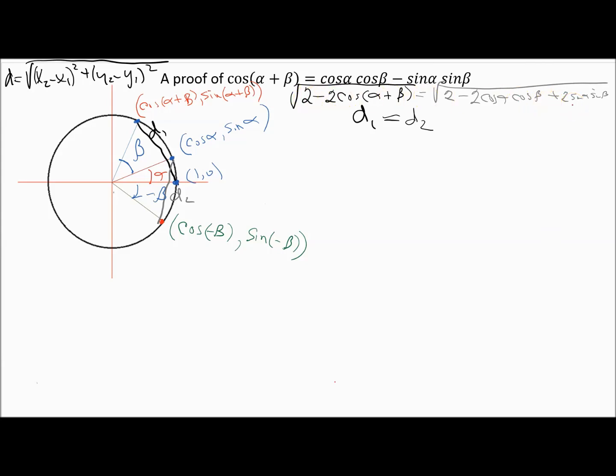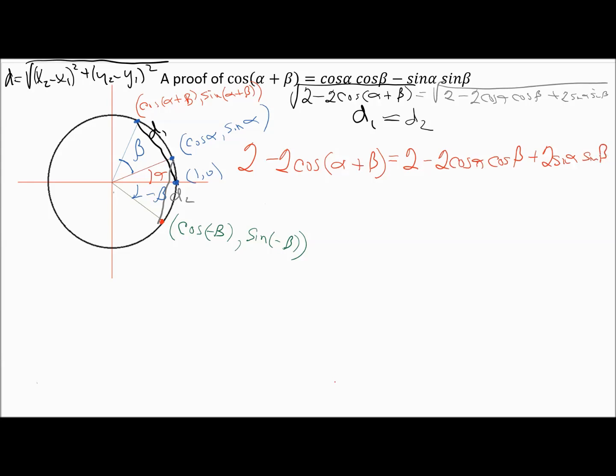If I have a square root on both sides, that's equivalent to saying these are the same thing without the square root. So really what I have here is 2 minus 2 cosine of alpha plus beta is equal to 2 minus 2 cosine of alpha, cosine of beta, plus 2 sine of alpha, sine of beta, right?